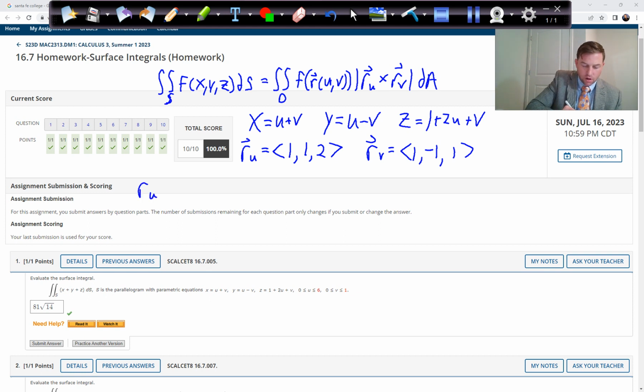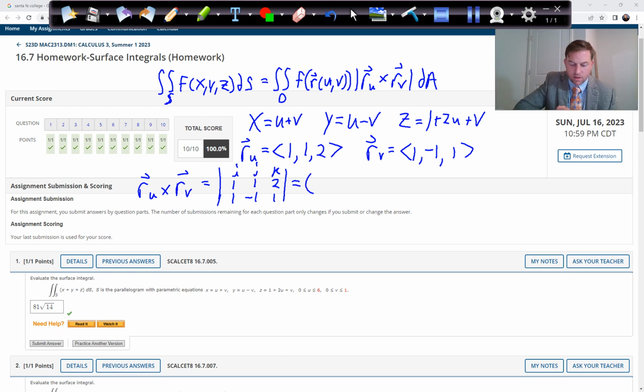Now we have to take the cross product of these two vectors. So that's going to be i, j, and k, with r_u first, 1, 1, 2, and r_v second, 1, minus 1, 1. Cover up the i column, then do a 2 by 2 determinant of 1, 2 and minus 1, 1. So it's going to be 1 minus minus 2 in the i.